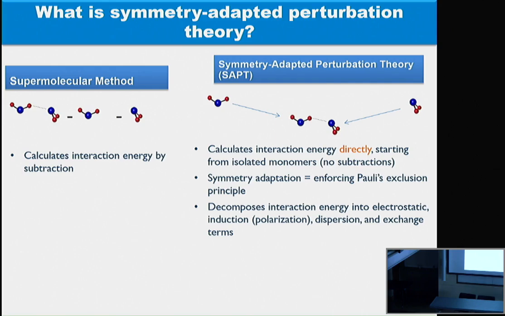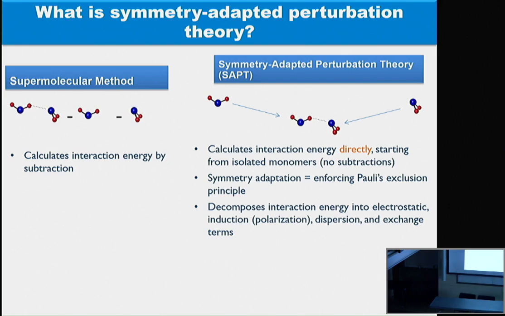Very simple, and it can be done with any program. The method that we use, SAPT, calculates the interaction energy directly. So you start from two isolated monomers, and then you build perturbation theory from the starting point to get properties of the dimer. So no subtraction is involved, which has some advantages.